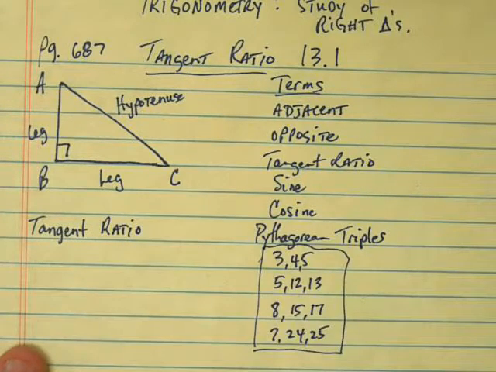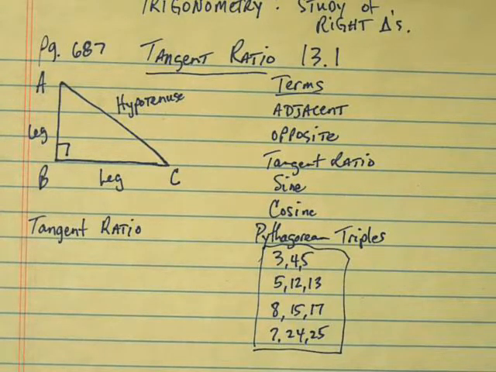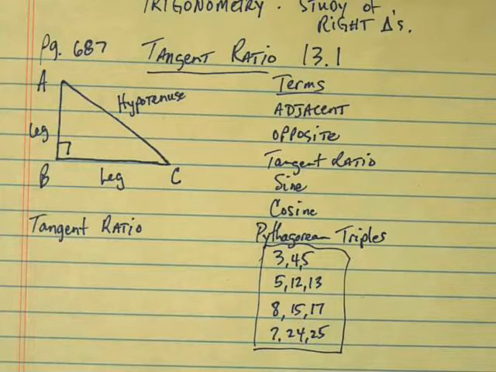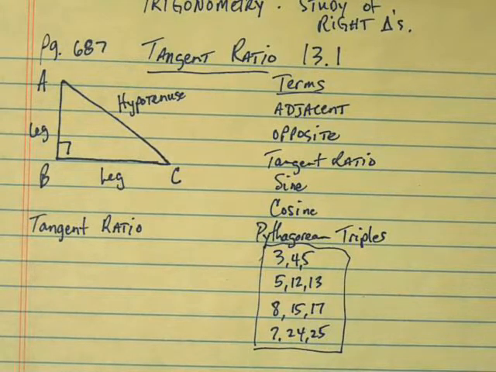A comparison of numbers. What is a tangent ratio? We're going to compare sides. So it's a comparison of sides, which is still a comparison of numbers.